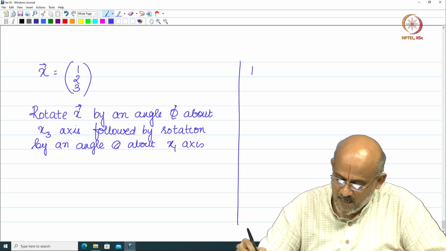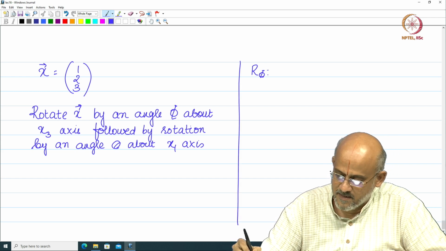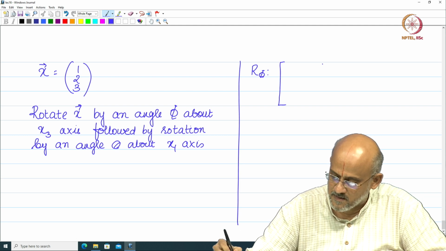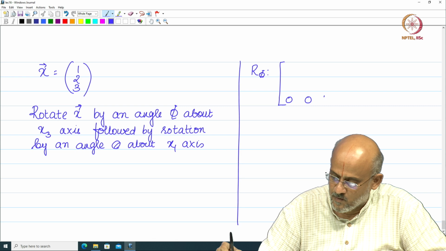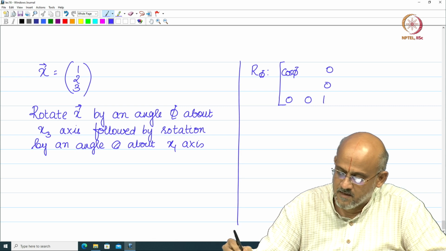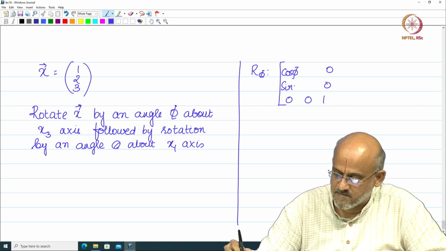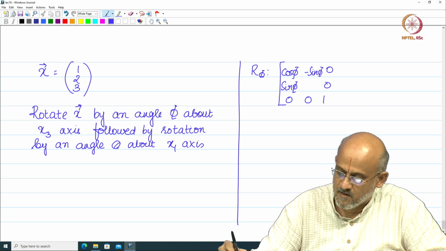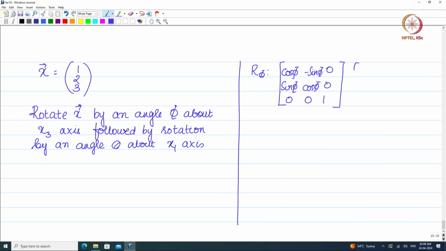So, what was my r phi? R phi is basically rotation about the x3 axis, which means the x3 component is fixed. So, I am going to take it as 0 0 1. I have cos phi sin phi, minus sin phi cos phi, into 1 2 3, and that is going to give me the following.